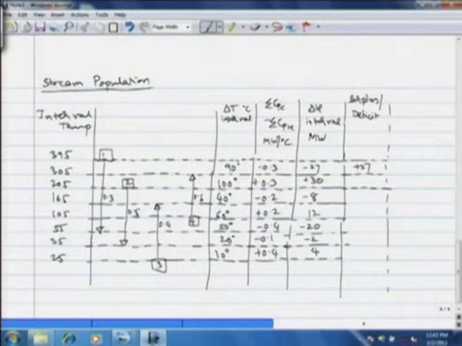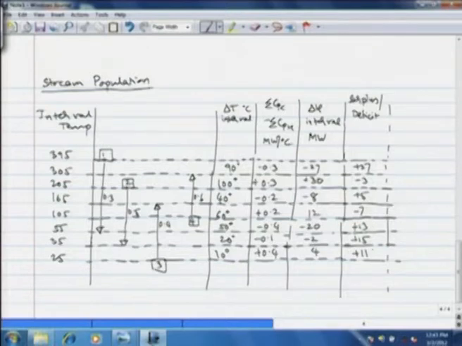In the second interval it is 27 minus 30, so minus 3, then minus 3 minus 8, so plus 5, then 5 minus 12, that is minus 7, then minus 7 minus 20, that is plus 13, then 13 minus 2, that is plus 15, and 15 minus 4, that is plus 11.